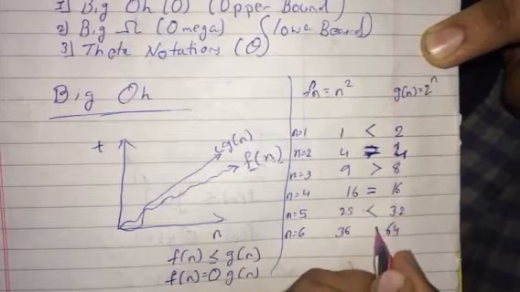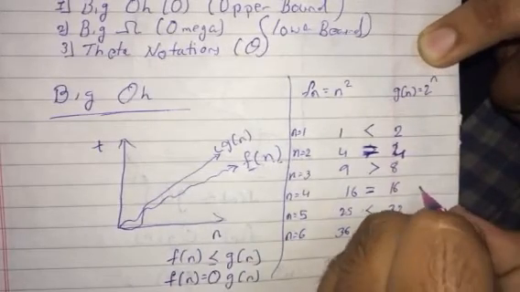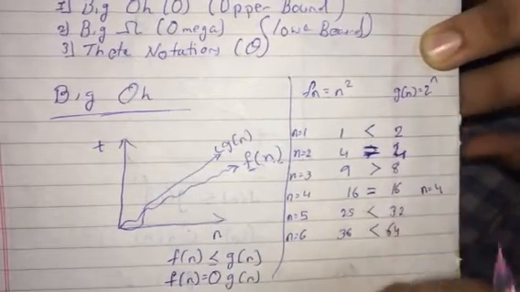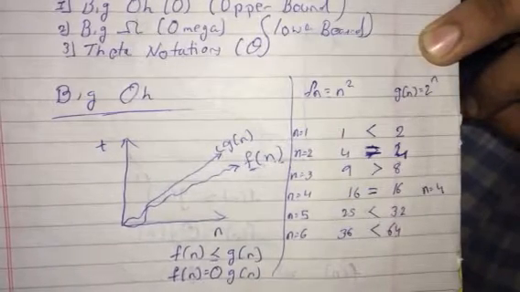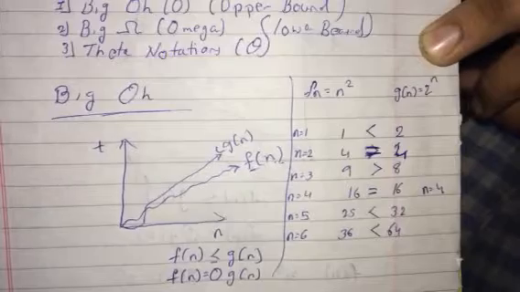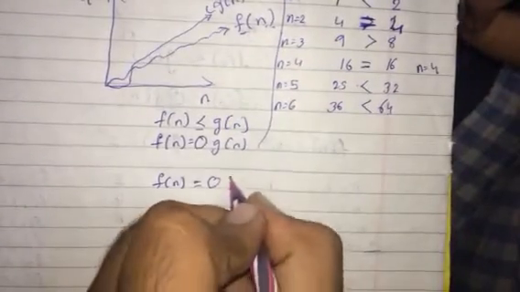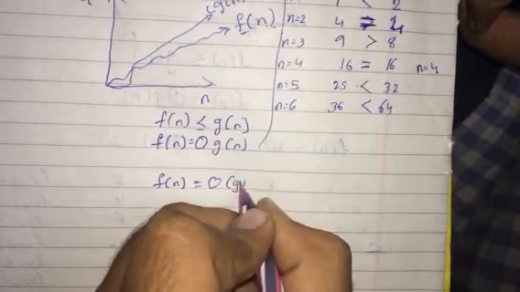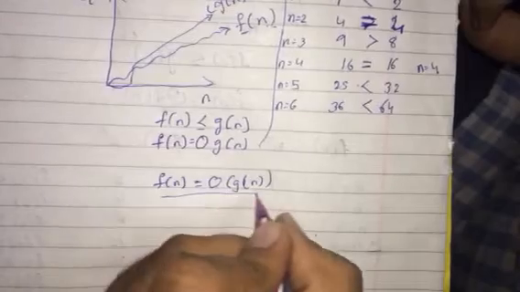So what we can say is that from n equal to 4, f of n is equal to big O of g of n. This is what we can say.